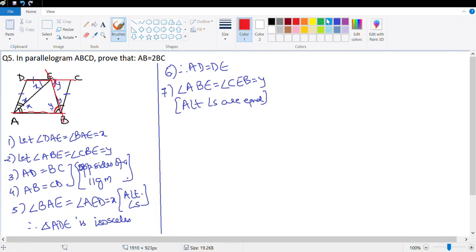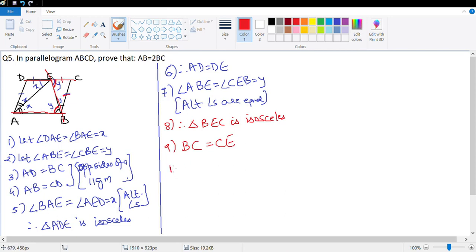So these are alternate angles. Perfect. So that gives me number 8, which is therefore triangle BEC is isosceles, which means number 9, BC is equal to CE. Now I put a single line for BC, so CE will also be a single line.